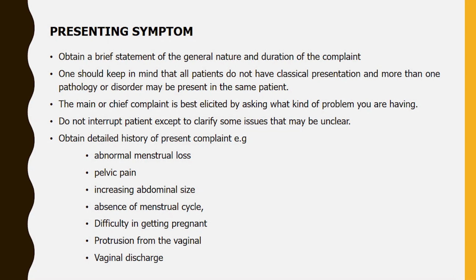This chief complaint may be abnormal menstrual loss, it may be a pelvic pain, it may be an increasing abdominal girth, or absence of a menstrual cycle since birth, or absence of a menstrual cycle after a pregnancy loss. It may be a difficulty in getting pregnant. It may also be a protrusion from the vaginal wall, or it may be a vaginal discharge. So any of these could be the chief complaint.